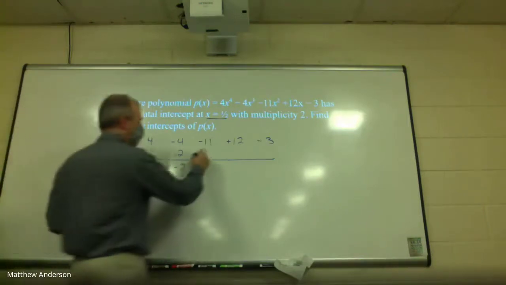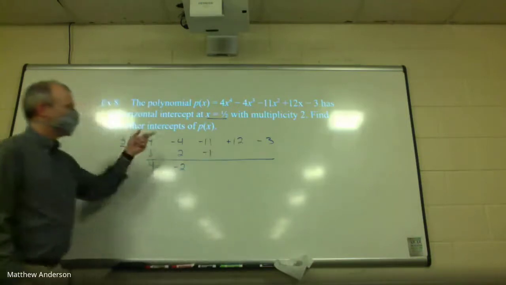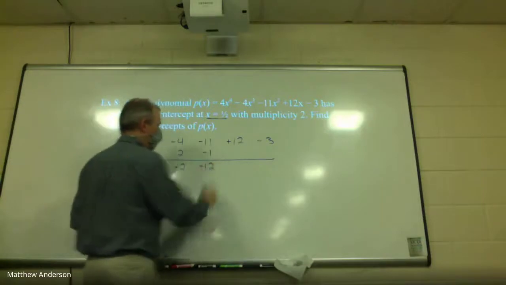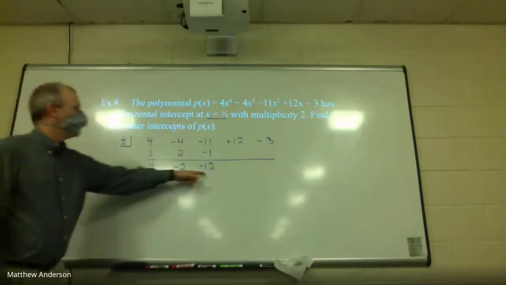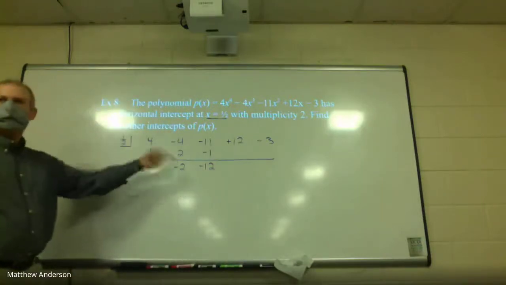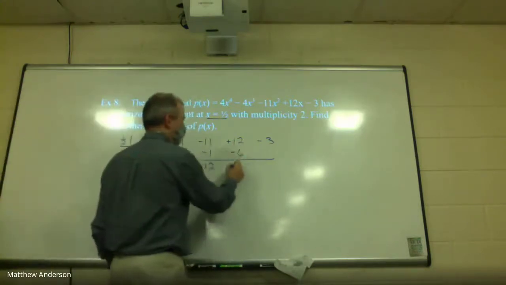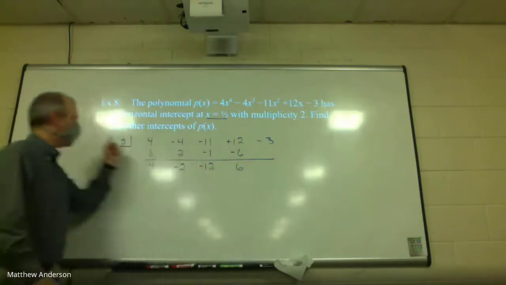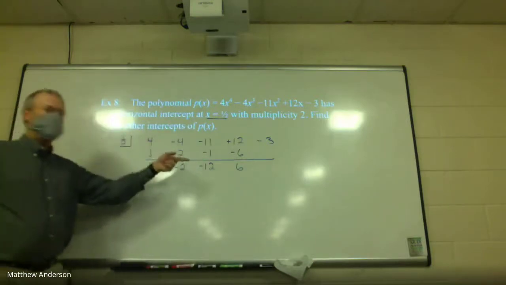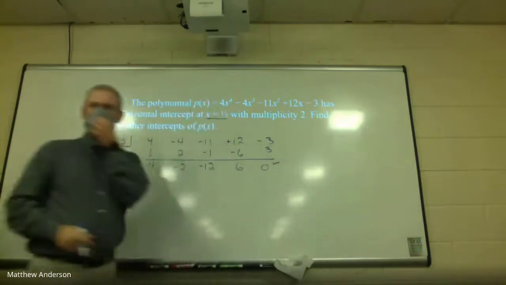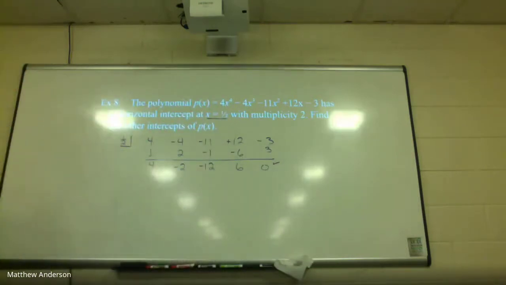Negative 1. What's negative 11 plus negative 1? Negative 12. So again, 1/2 times negative 12. What's half of negative 12? Negative 6. Add those, we get 6. What is half of 6? 3. And because it was an intercept, we knew that this should work, but we get a 0.